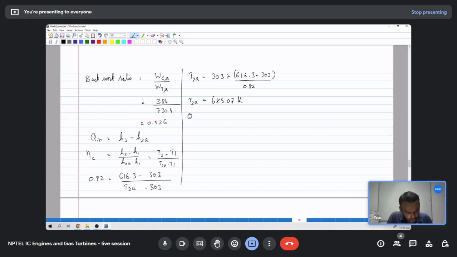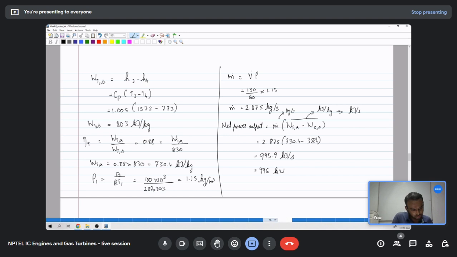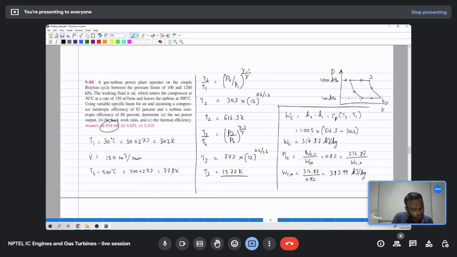Now we can calculate Qin, which is Cp into T3 minus T2A. T3 is calculated earlier, 1572.